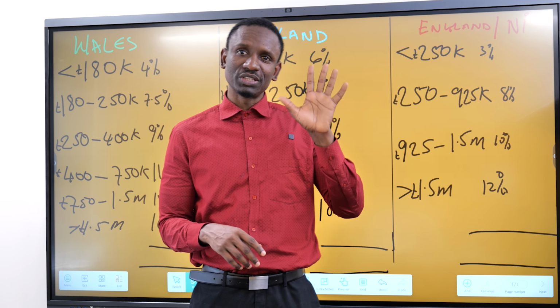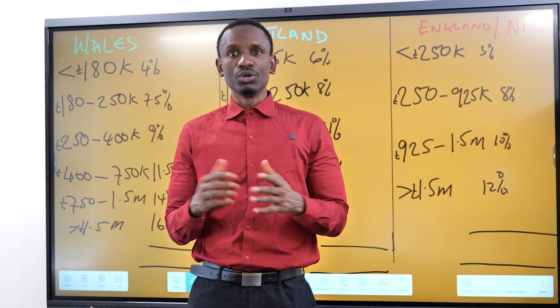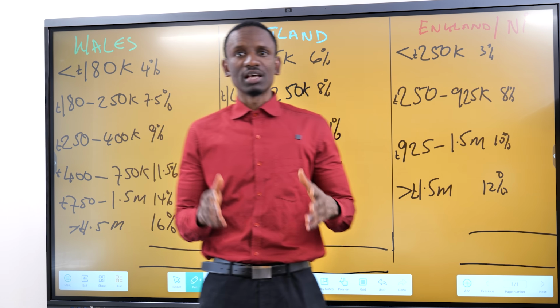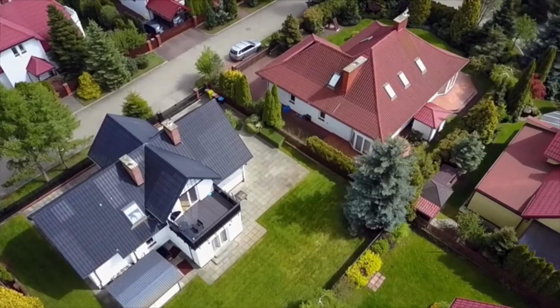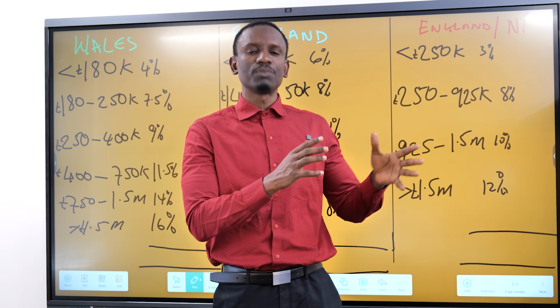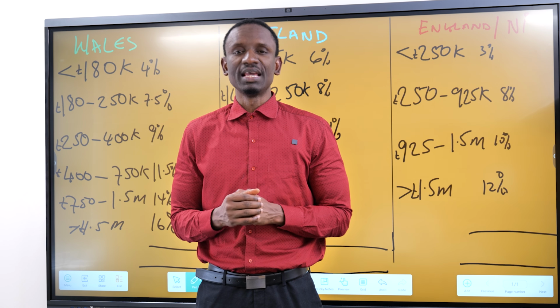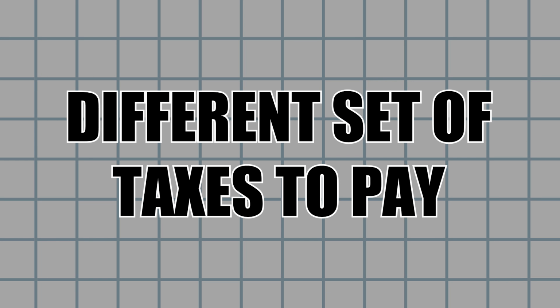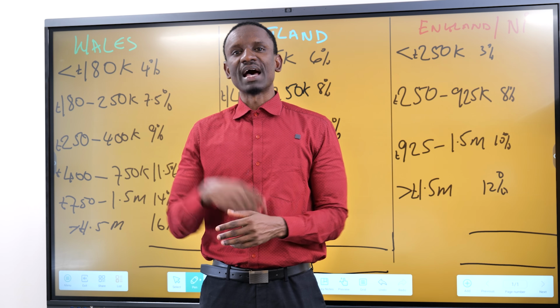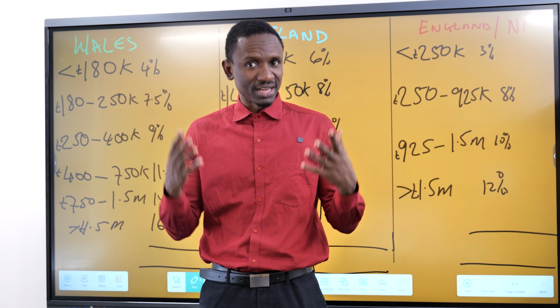You see, in order for you to invest in the UK, you are going to be asked to pay tax. Any property you buy in the UK for investment purposes, you'll be required to pay tax. Each country or region within the UK has a different set of taxes to pay, and they tend to call it differently as well.